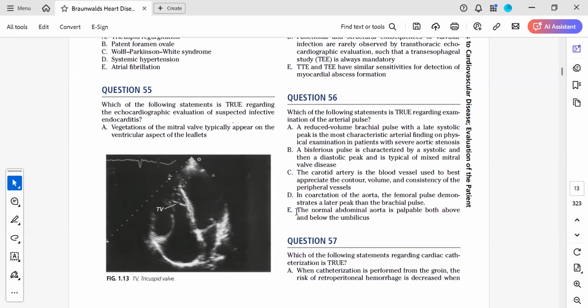Yeah, question 57. This is testing our knowledge on cardiac catheterization. Which of the following statements regarding cardiac catheterization is true? A. When cardiac catheterization is performed from the groin, the risk of retroperitoneal hemorrhage is decreased.